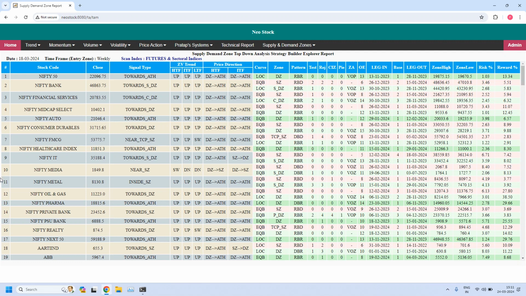And also remember, the first 17 in this list are indices. The remaining are all equity stocks, but they are picked from the F&O segment. All F&O stocks, but they are equity stocks.